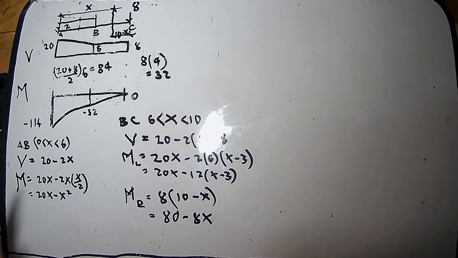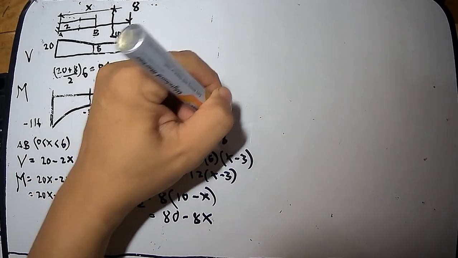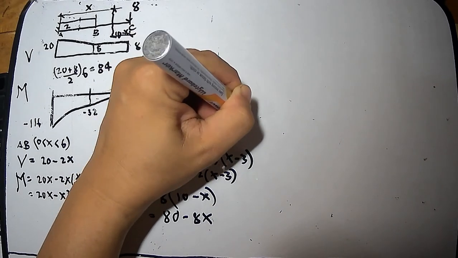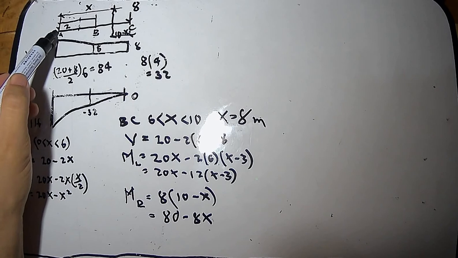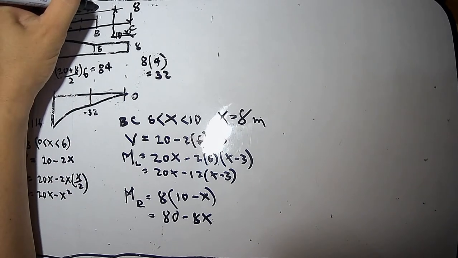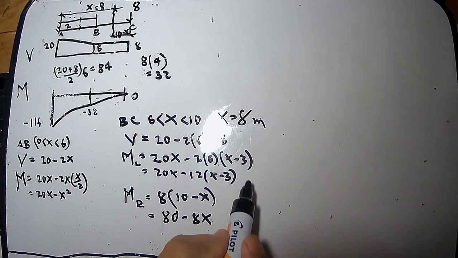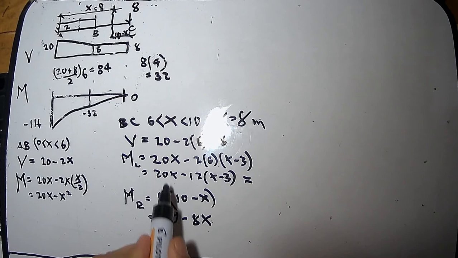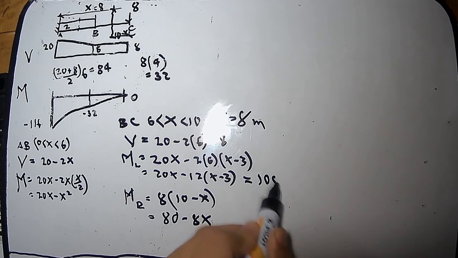Let's say your x is at this distance. Let's say x is equal to 8 meters. Okay? So, from here up to this section would be 8. Okay? So, yan yung 8 meters. Your moment here would be 20 times 8 minus 12 times 5 would give you 100.